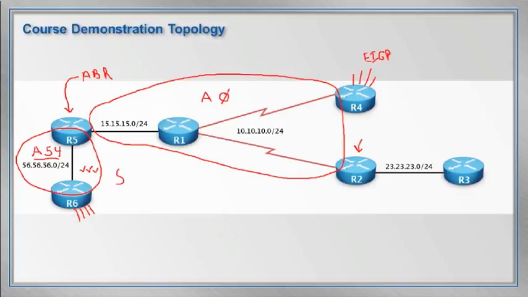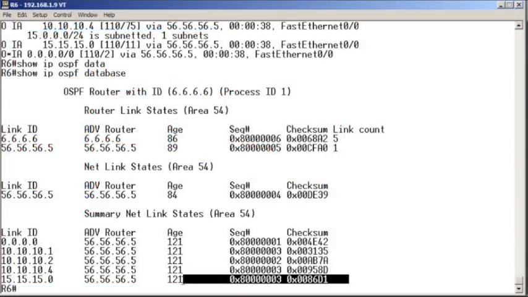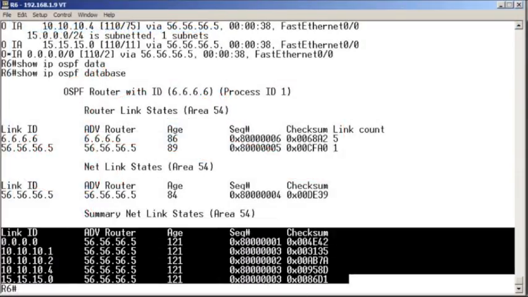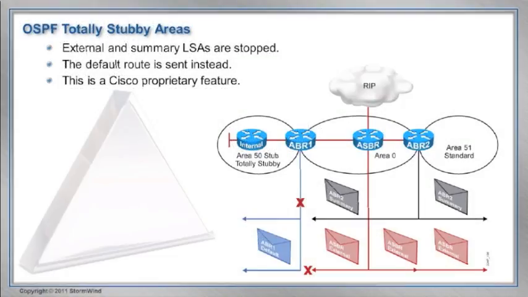But I want to go a step further. What about all of these prefixes? What if I want to eliminate those from the database and therefore from the routing table? Well, this is where we need, dun dun dun, the totally stubby area.